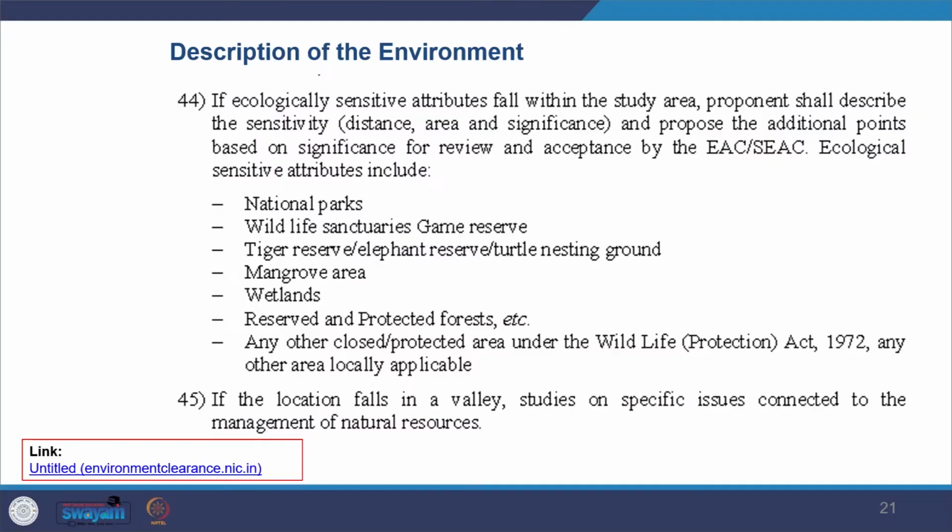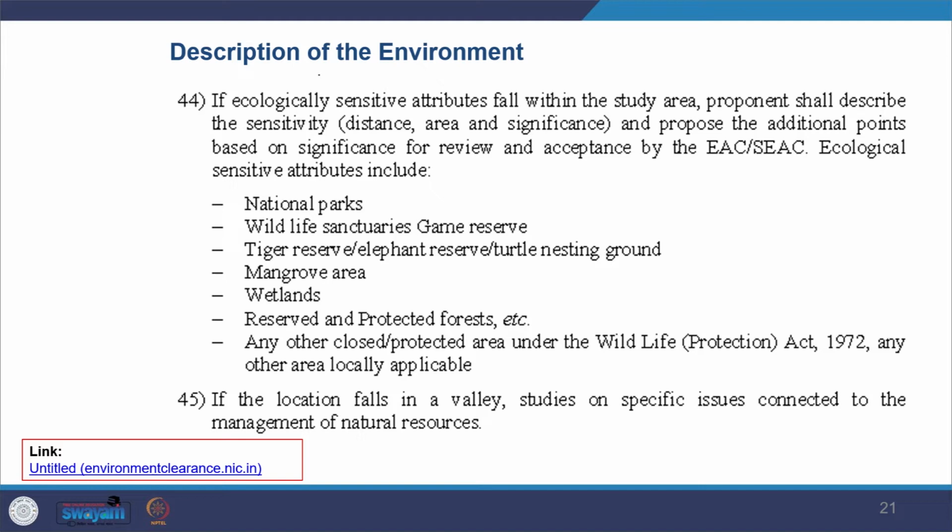And when we say sensitivity of the area under study, you have sensitivity in terms of how far it is from certain ecologically sensitive areas, how large the area is, what the significance of that area is, and how important it is to the community, to the nation, and to the entire system you are studying. So how do you find ecologically sensitive areas?